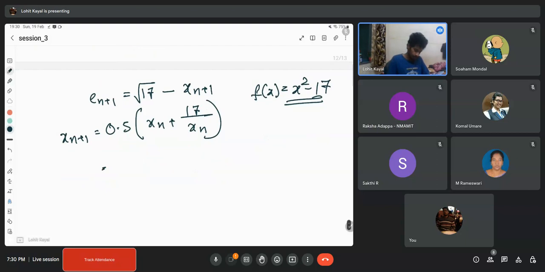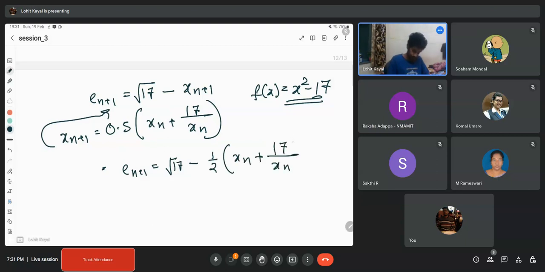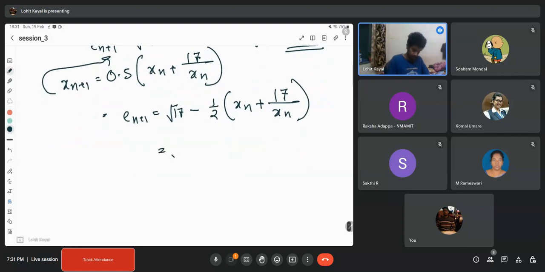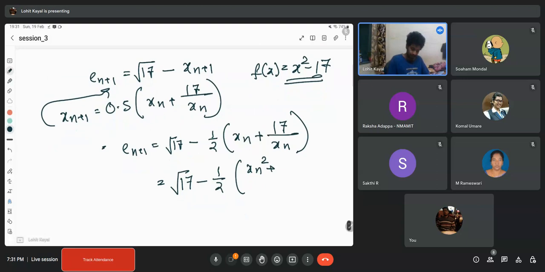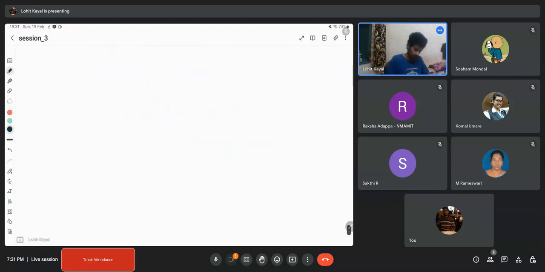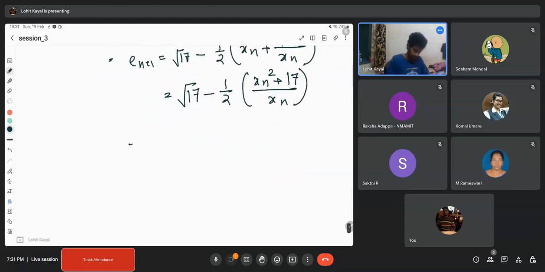So if I substitute this here, it will be en plus 1 equals square root of 17 minus half xn plus 17 by xn.